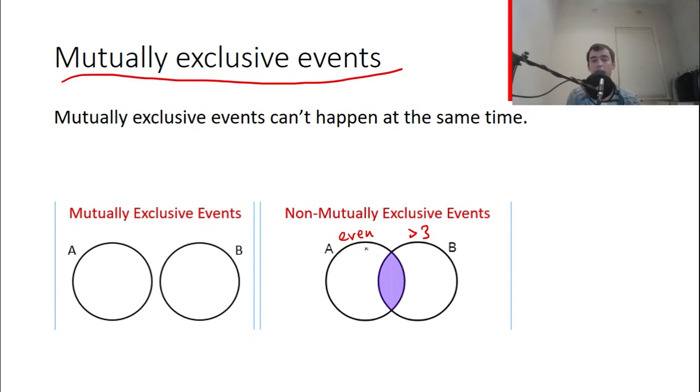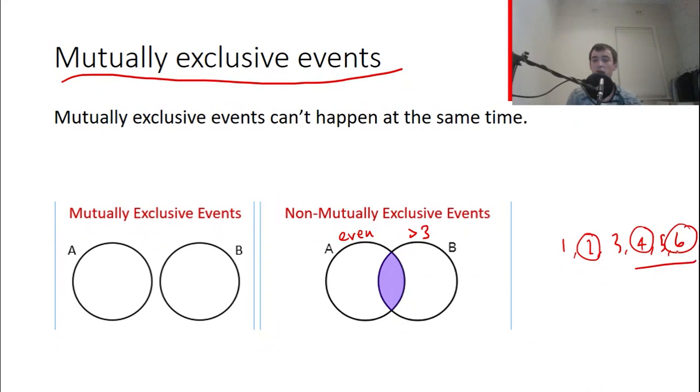Now if it's not mutually exclusive, that means you can have A and B at the same time. If you look at the numbers 1 to 6, it is possible to have even numbers that are bigger than 3. So these are the even numbers, and these are the numbers bigger than 3.